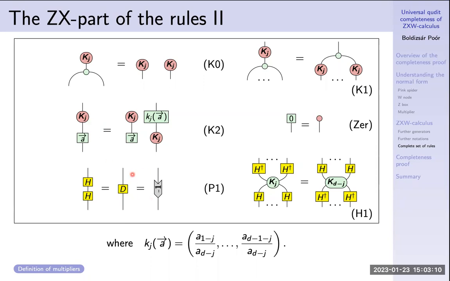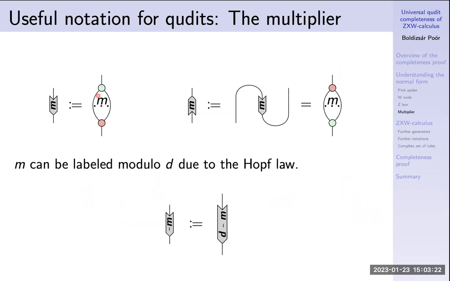Furthermore, we have here the rule with the dualizer that it actually corresponds to 2 Hadamards or a multiplier with -1 weight. So just to go back, this -1 means D-1. So we have D-1 of these wires between these two nodes.